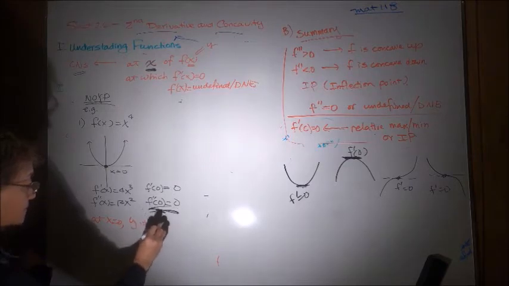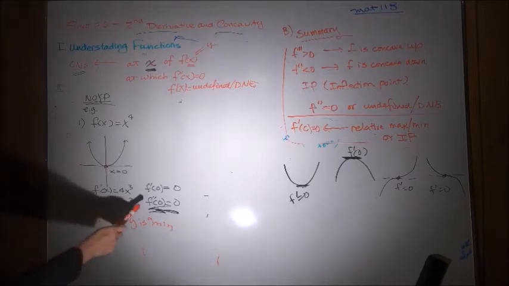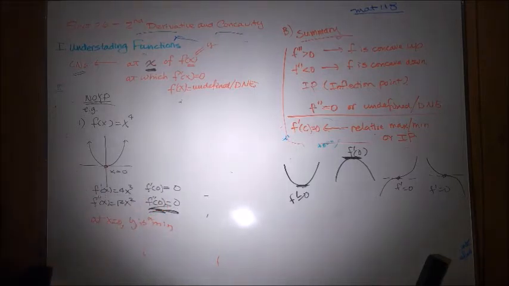A minimum, right? You can see that for this model. But my f prime prime is 0. So we are talking about what? When f prime is 0. Okay? And look at another example.